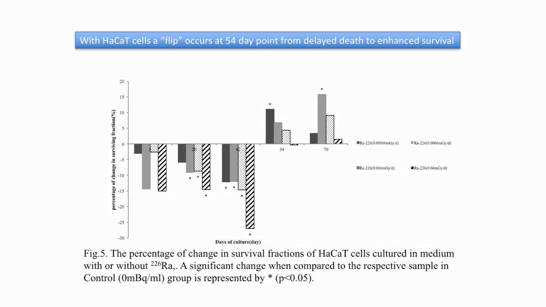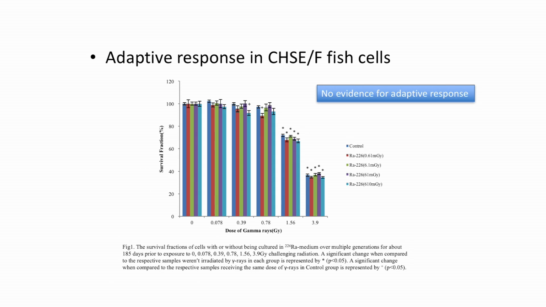These are just the data from Xiaopei's direct irradiation showing that after a certain length of time, you do get adaptation in these cells, but when she re-irradiated them, it didn't matter how much chronic dose they'd accumulated.